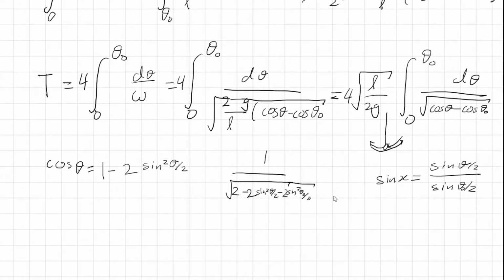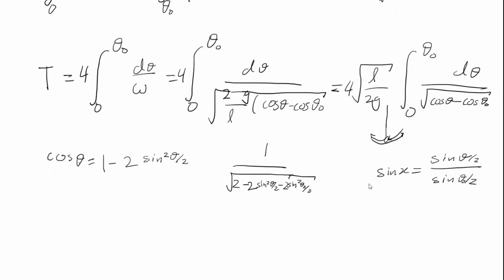So from here, let's differentiate this with respect to x, and you'll get cosine x is equal to 1 over sine theta naught over 2, since that's just a constant, times 1/2 times cosine theta over 2 times chain rule d theta dx.